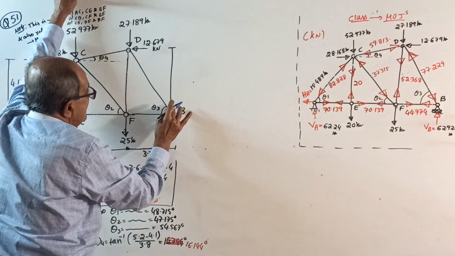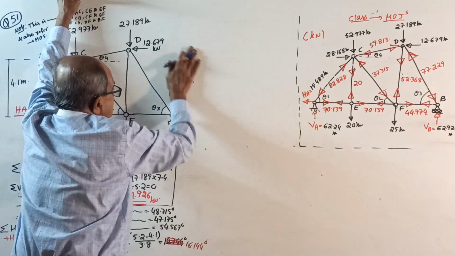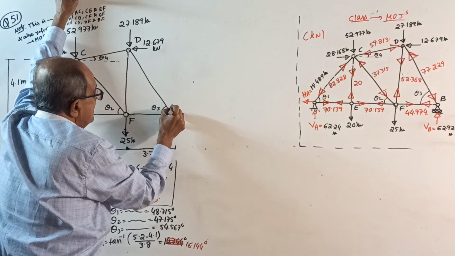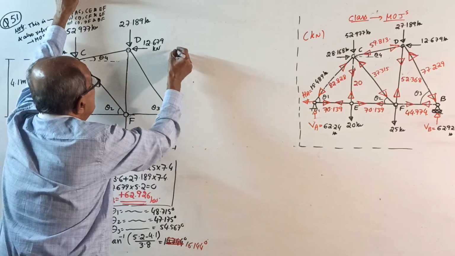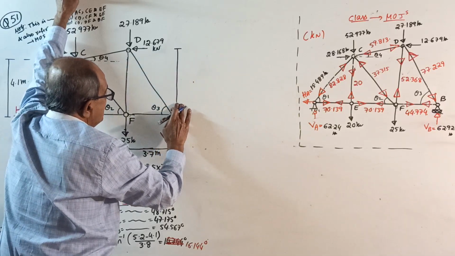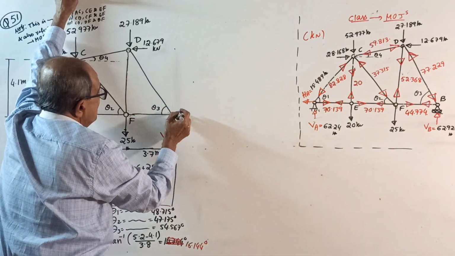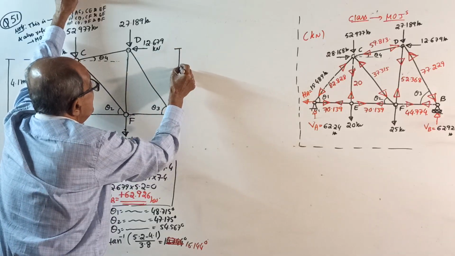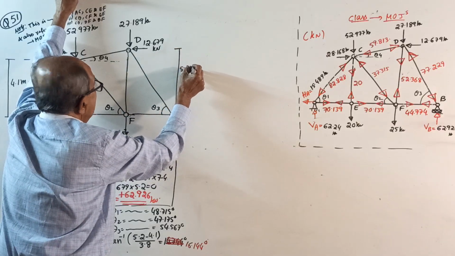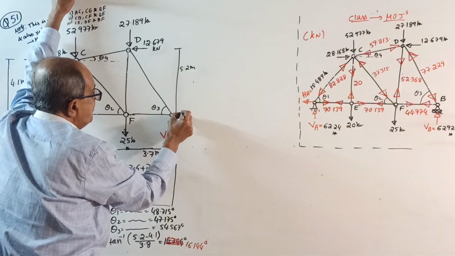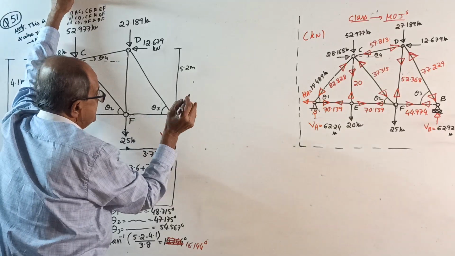This is B. This is a writing problem. This is 5.2 meter. This point is B. Sufficient.